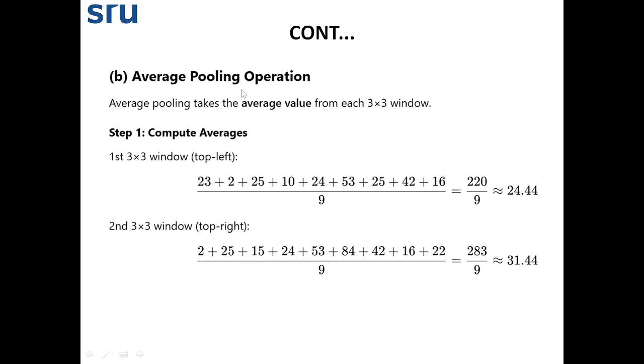Average pooling operation. Average pooling takes the average value from each 3 cross 3 window. So compute the average. First 3 cross 3 window, top left: taking an average, we get 24.44. Second 3 cross 3 window, top right: taking an average, we get 31.44.